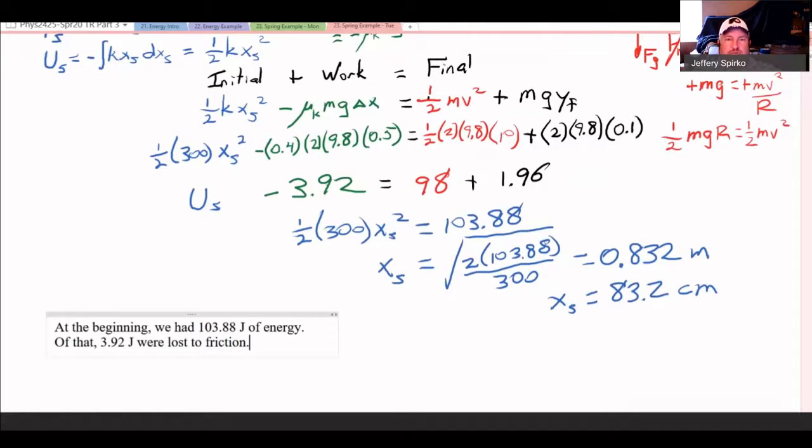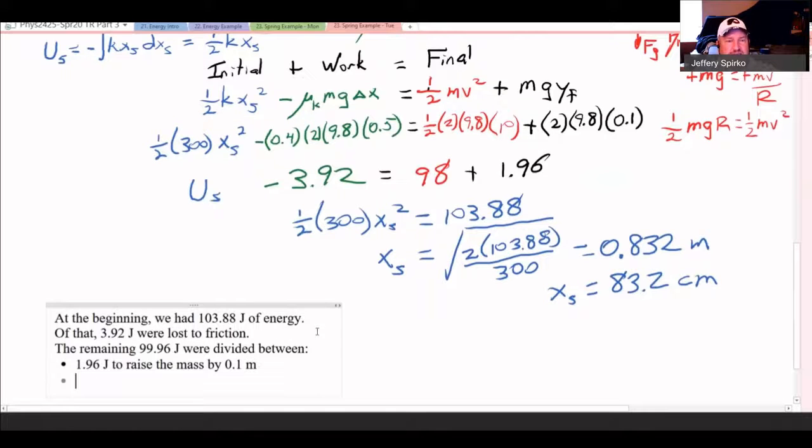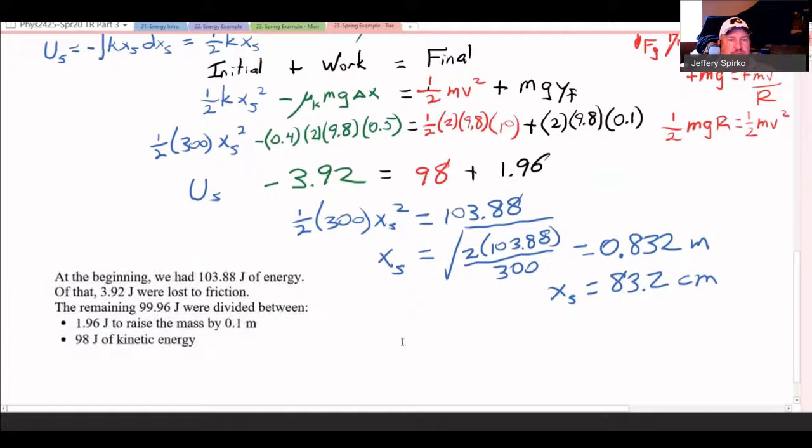So the work due to friction was negative 3.92 joules. And the remaining 99.96 joules were divided between 1.96 joules to raise the mass by 0.1 meters and 98 joules of kinetic energy. So that finishes this example.